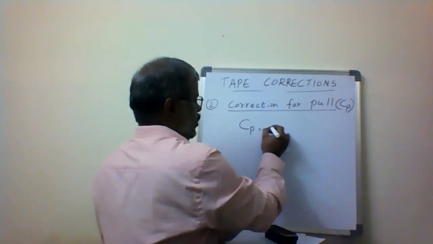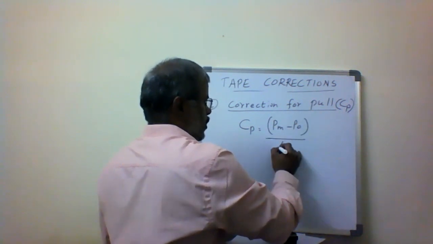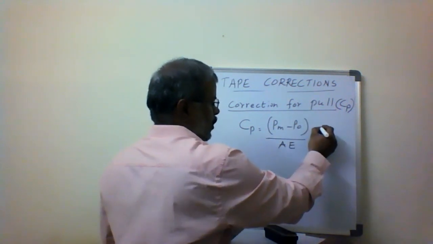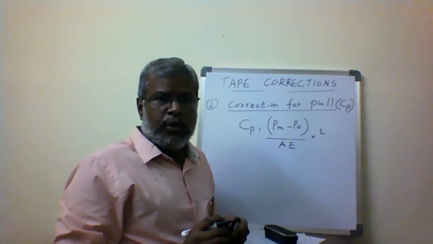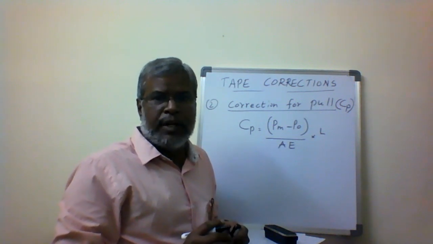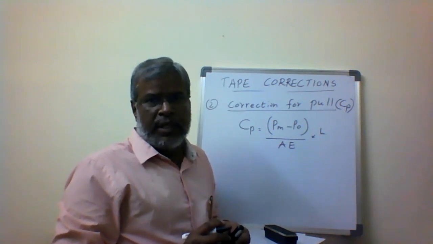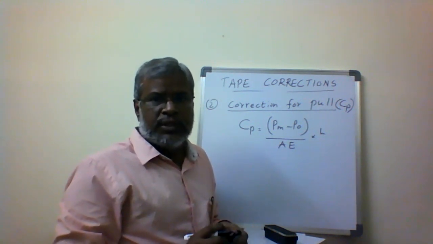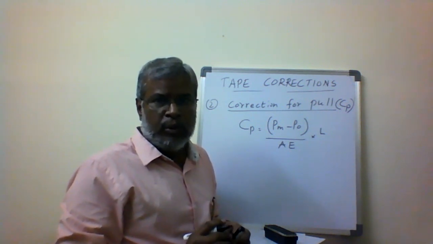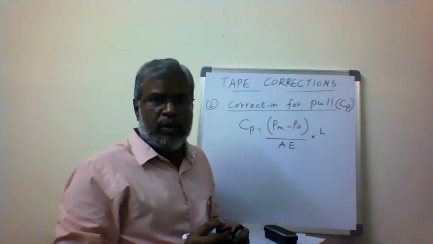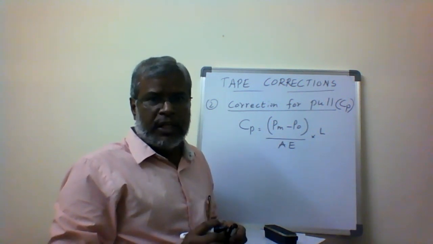Cp equals (Pm minus P0) by AE into L, where Pm is the pull during measurement, P0 equals the standard pull of the tape, A is the cross-sectional area of the tape material, E is Young's modulus of the material, and L equals the length of the tape. This is the nomenclature we use while calculating the correction for pull.